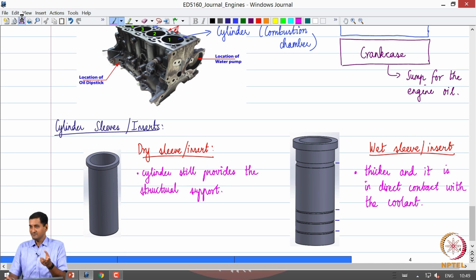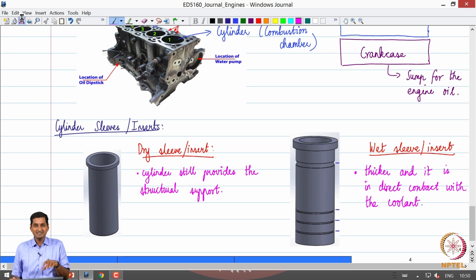In a dry sleeve it is very simple, you can just replace it when it is worn out, whereas the limitation is that you still need to enable heat conduction through the sleeve, through the cylinder walls, then to the coolant.